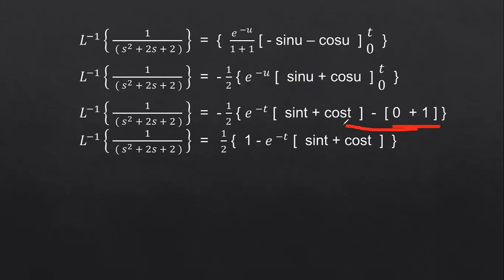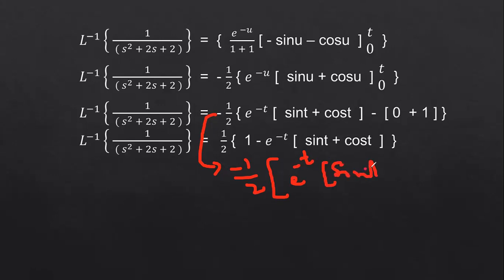So if you simplify this entire equation, what will you get? Minus 1 by 2 into e power minus t into sin t plus cos t, plus minus 1. Here you will have the minus term outside.